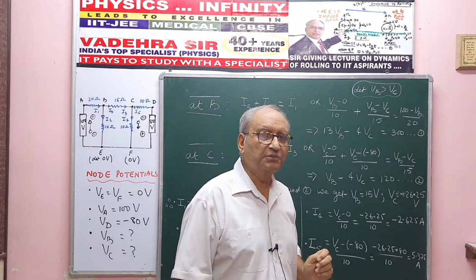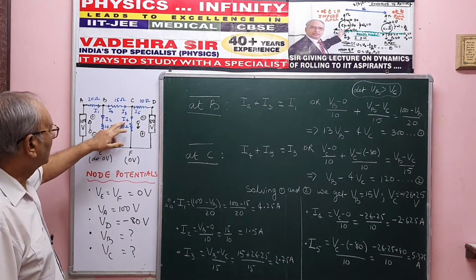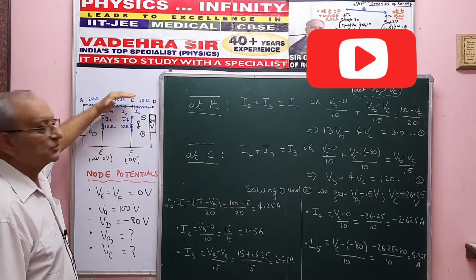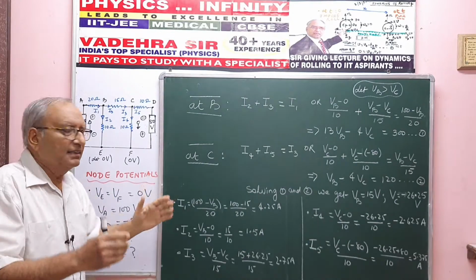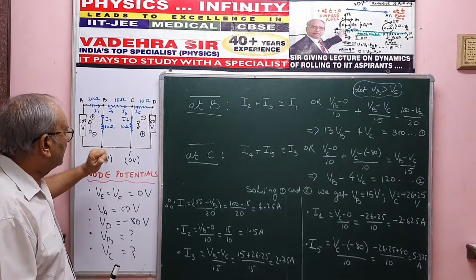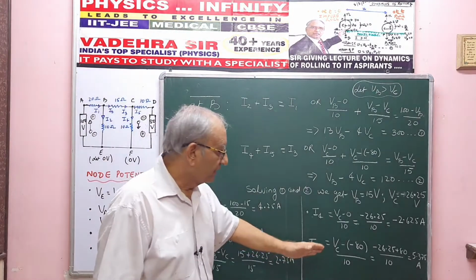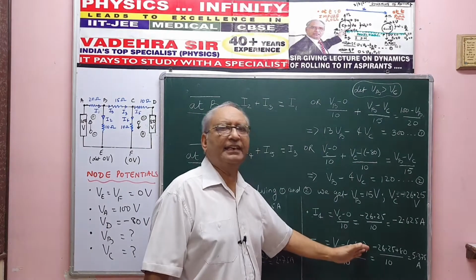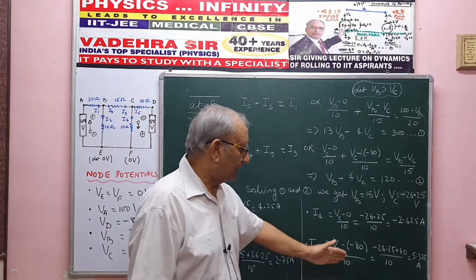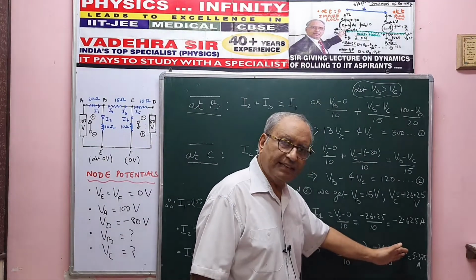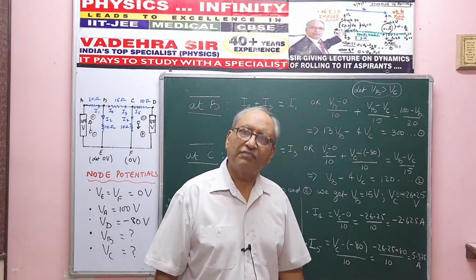The minus sign tells you that the current I4 is actually moving from F to C. I had assumed it is moving from C to F, well, that was assumed algebraically, but the minus sign tells you I4 actually is flowing from F to C. Then I5: (VC minus minus 80) divided by 10, that is (minus 26.25 plus 80) divided by 10, which gives you 5.375 ampere.